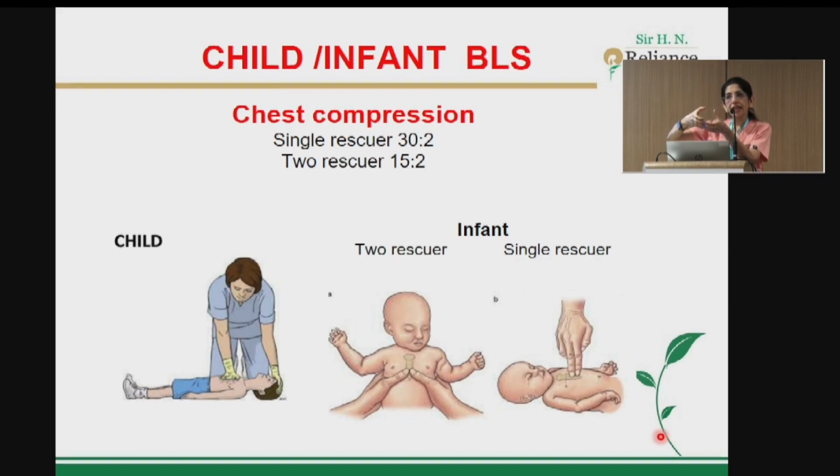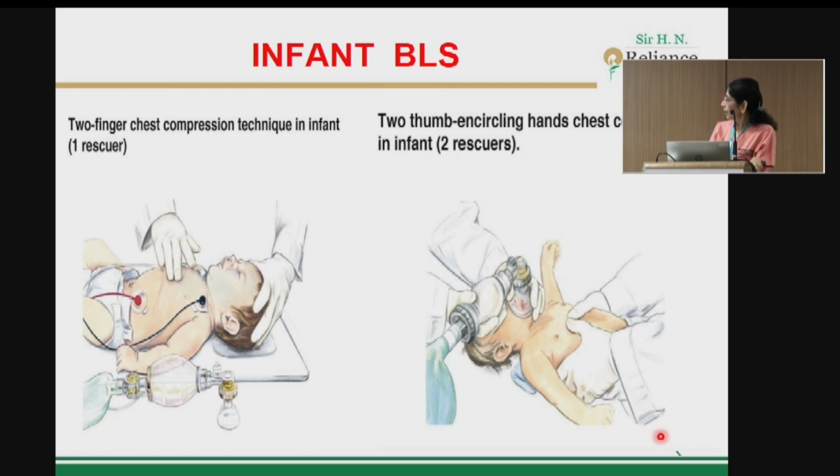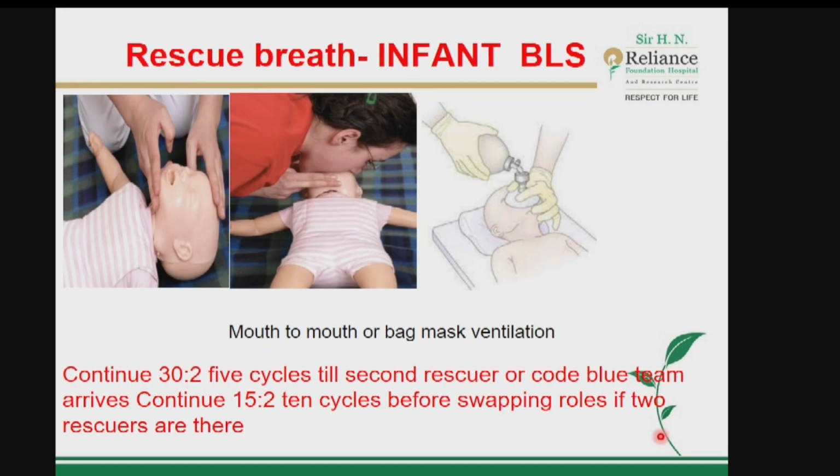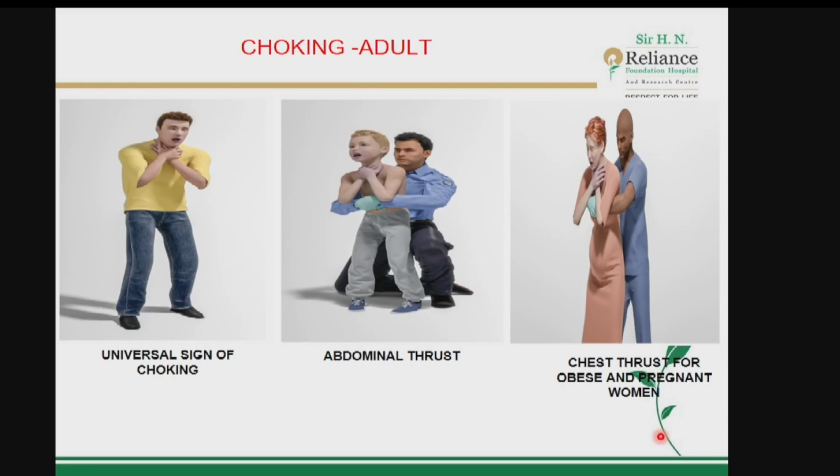In a bigger child, you will not be able to encircle the hands around the chest, so you either give the compression with 2 fingers, or in a little older child, you can give the compression as shown in the picture with 1 hand. This is the difference that I told you. If you are 2 rescuers, then 15:2.